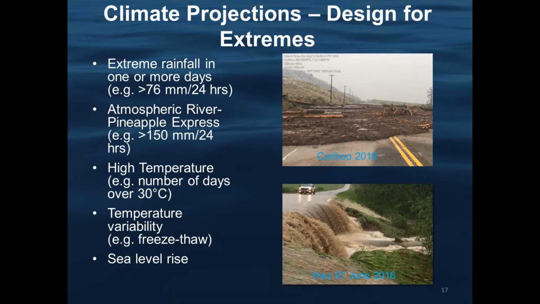High temperatures are obviously an issue, and temperature variability. I think if you've been following some of the hockey stick curves that are going along, you'll note that the coldest days in the future are going to be warmer than the cold days that we're getting today.